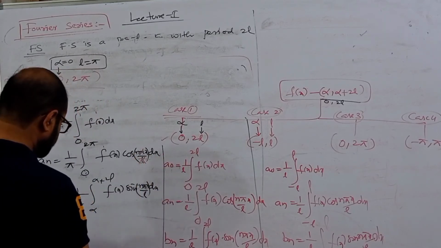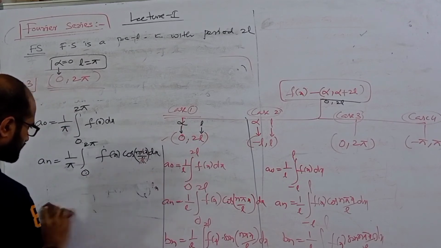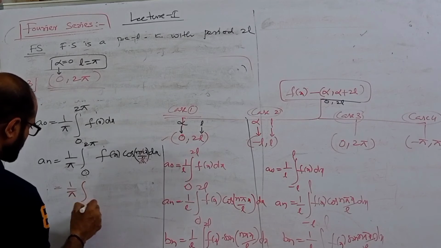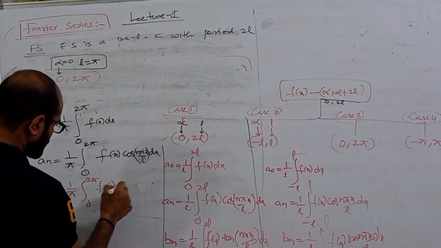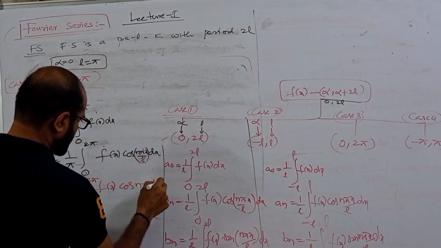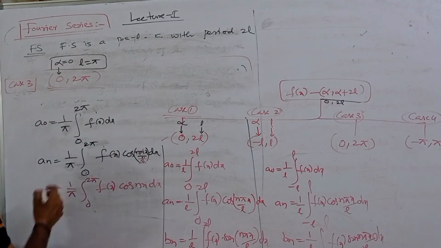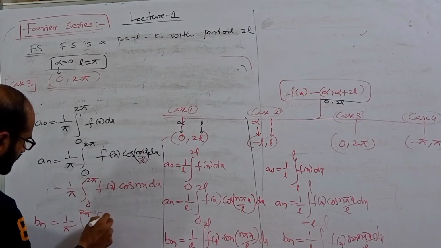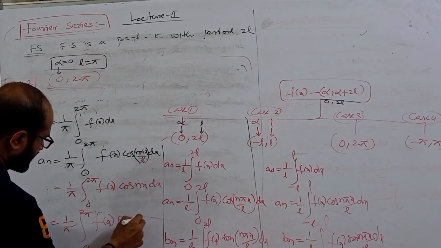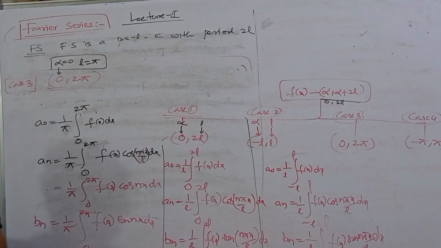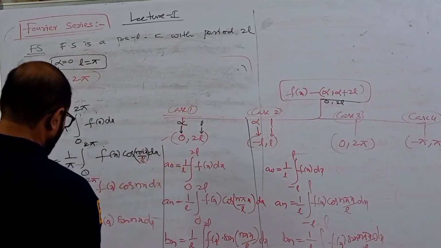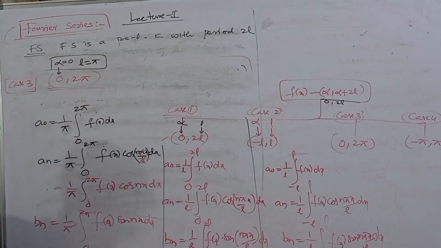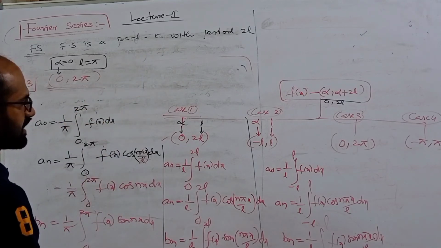So what will you get here? 1 by pi, 0 to 2 pi, f of x into cos nx dx only. That's all. And bn is 1 by pi, 0 to 2 pi, f of x into sin nx dx only, because pi cancels again, right? L value is pi, you substitute in the general formulas, it is this one, right?